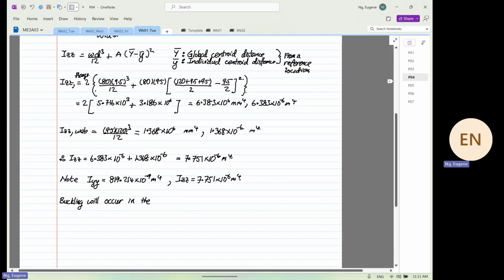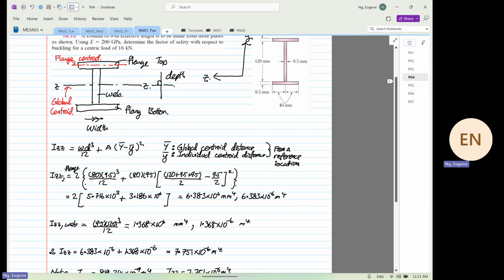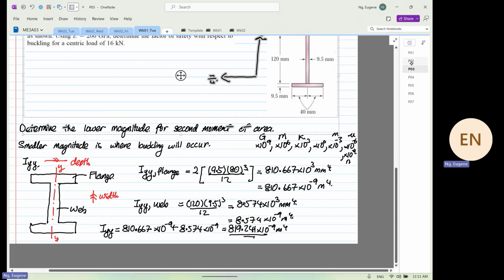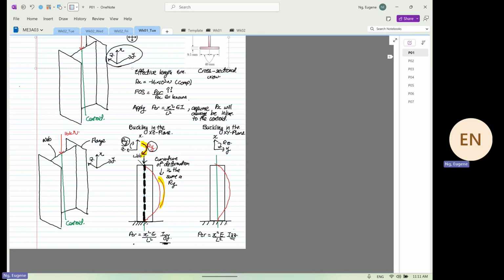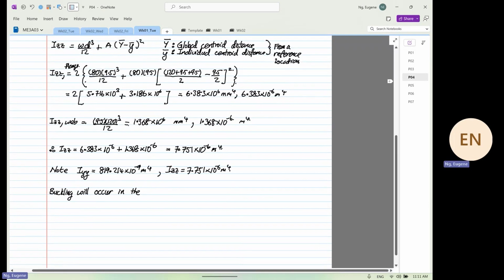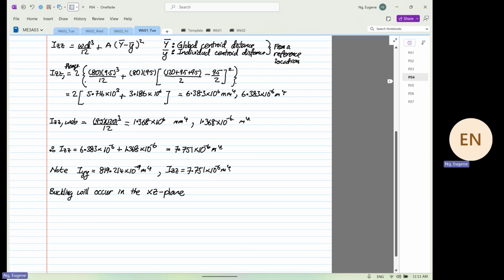If we go back to the beginning, this is IYY. So buckling will occur in the XZ plane. Okay, so now we have to use the IYY formula.